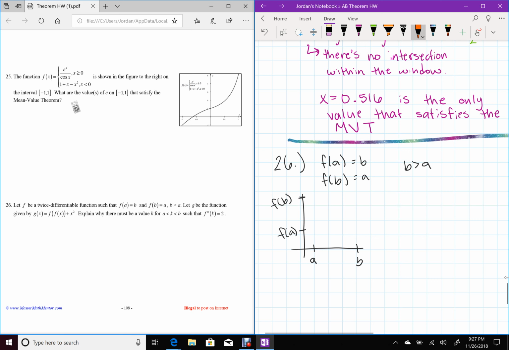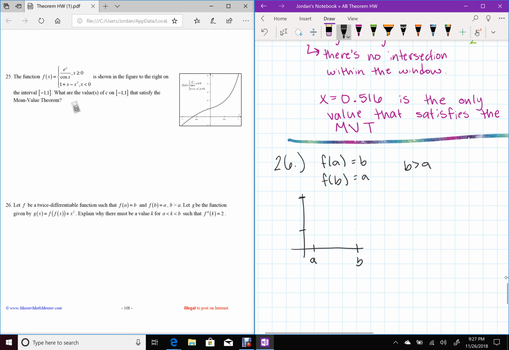If f of b is f of a, no, if the input is a, then the output is b. Okay, let me back up. Okay, because it's different.